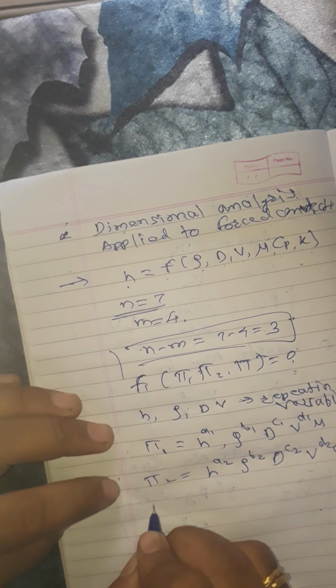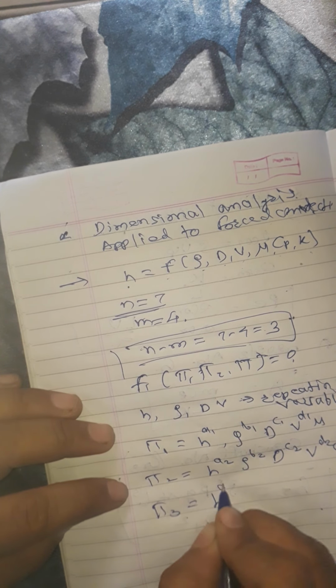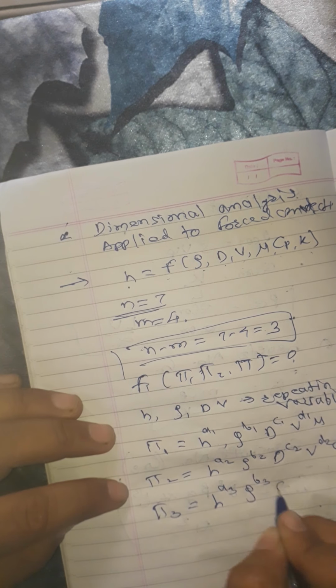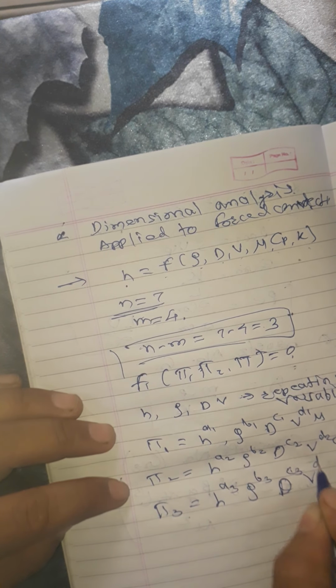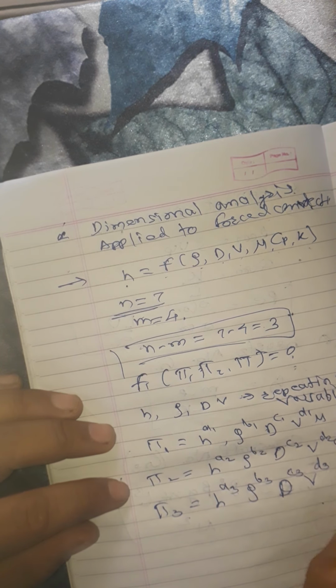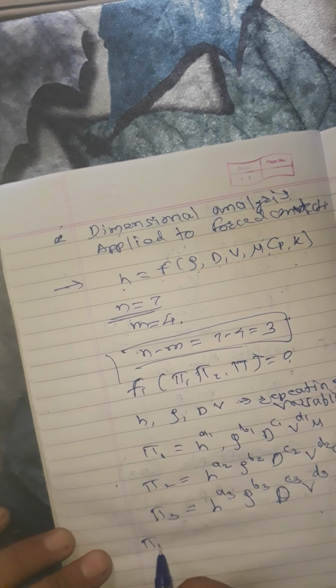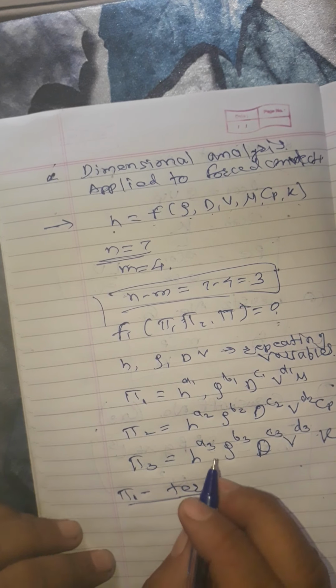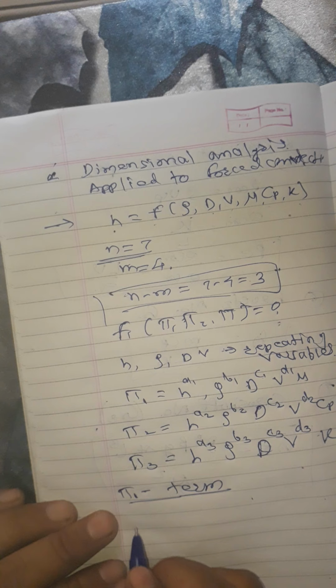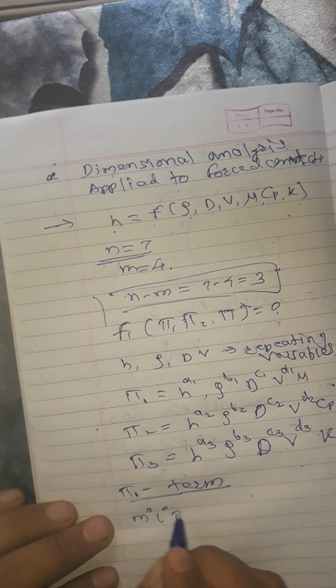And pi 3 is equal to h raised to a3, rho raised to b3, d raised to c3 and v raised to d3, into k. So for the pi 1 term, we have M0 L0 T0.